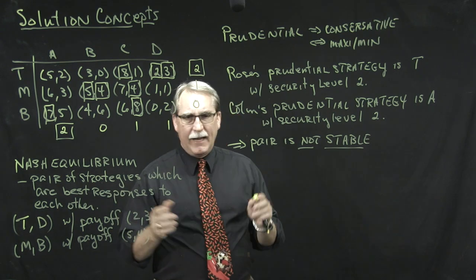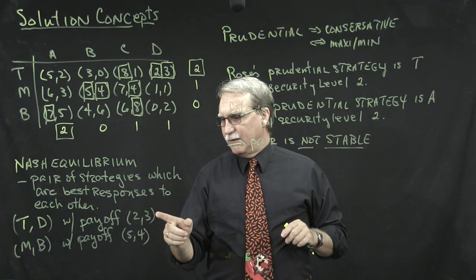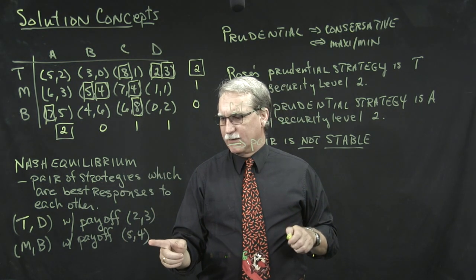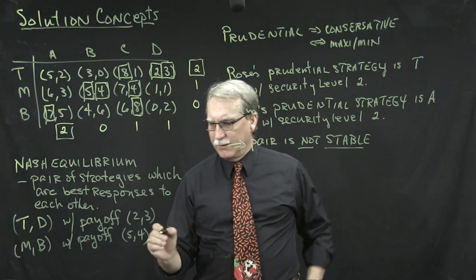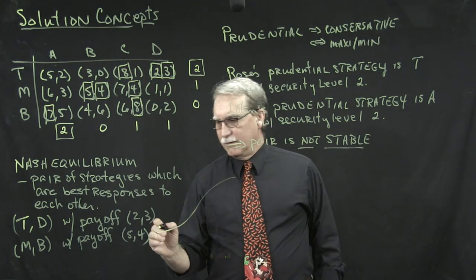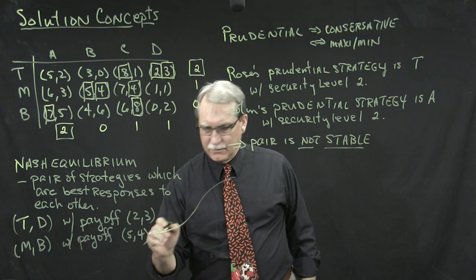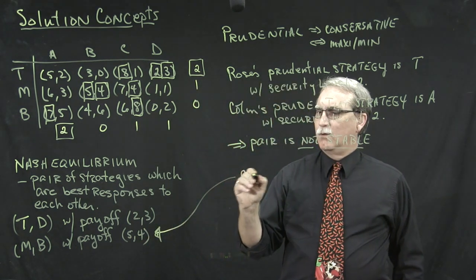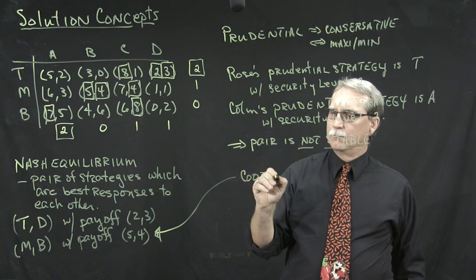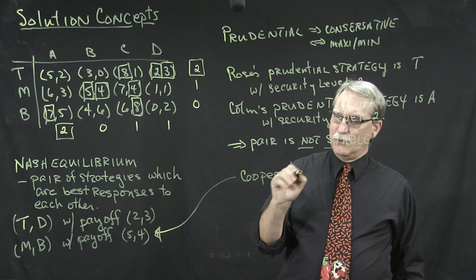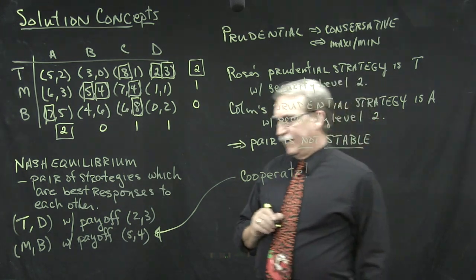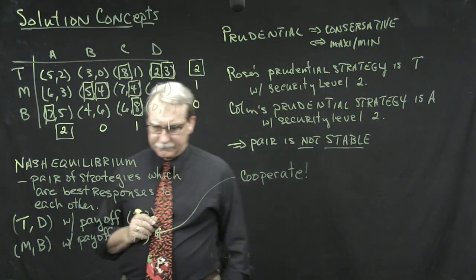So one can ask, how do we choose, or how do we get from this one to this one? How can we guarantee we get the bigger Nash equilibrium? And the answer to that falls in a single word, which is cooperate. If you choose what you're doing together, then you will get the bigger payoff.